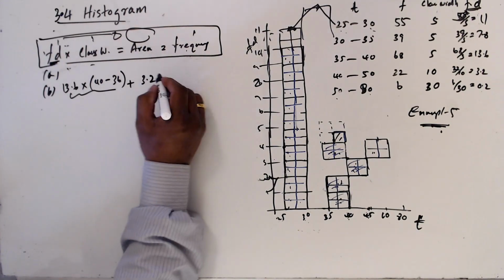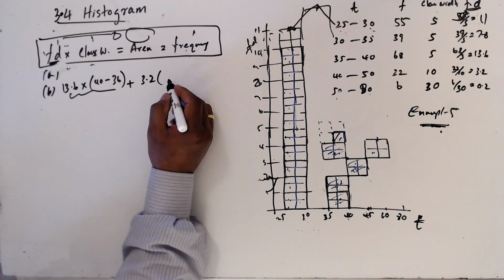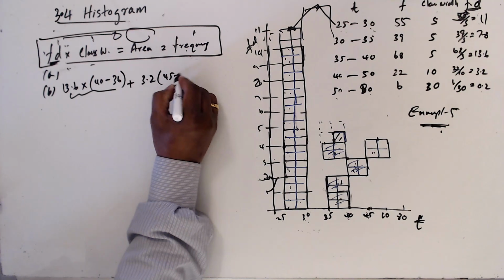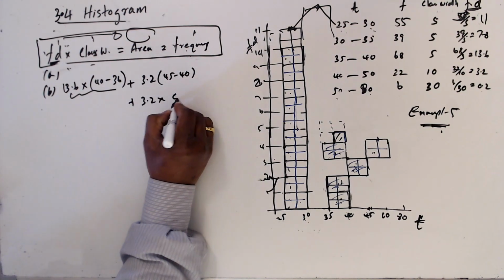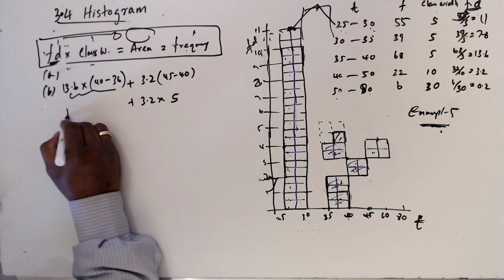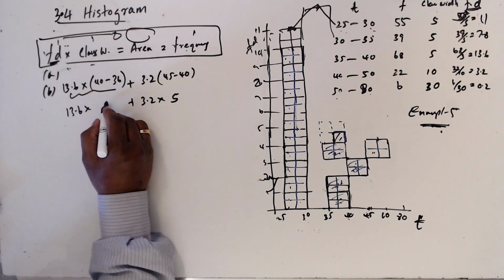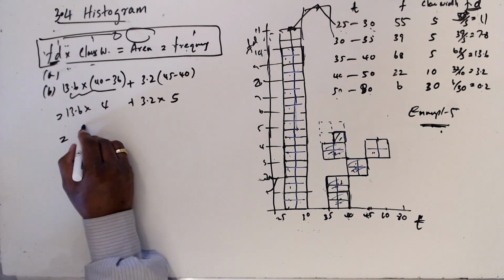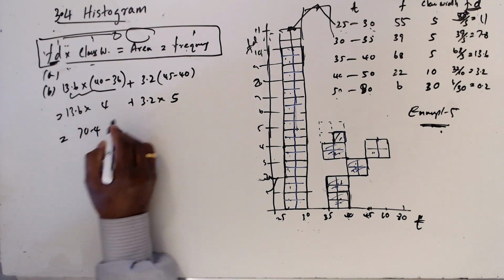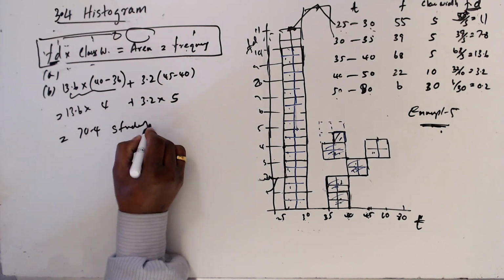The frequency density is 3.2, and the class width is 45 minus 40, so 3.2 times 5. And this is 13.6 times 4, and you will get the answer as 70.4 students.